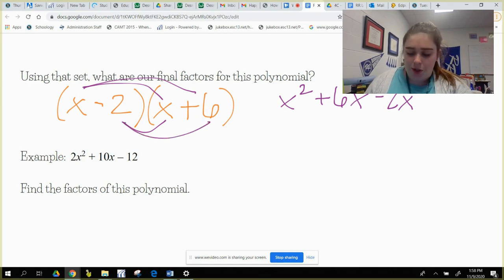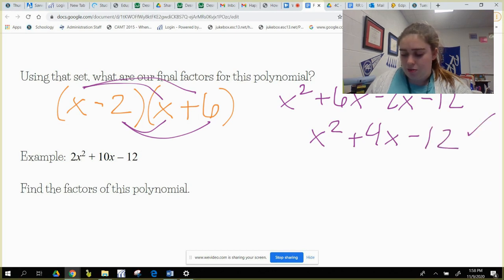And then the last terms, negative 2 times 6, which is negative 12. Okay, and then we can combine those two inside terms, so we have x squared plus 4x minus 12, and that does match our original polynomial. So those are our factors, x minus 2 times x plus 6, for our trinomial that we had, okay?